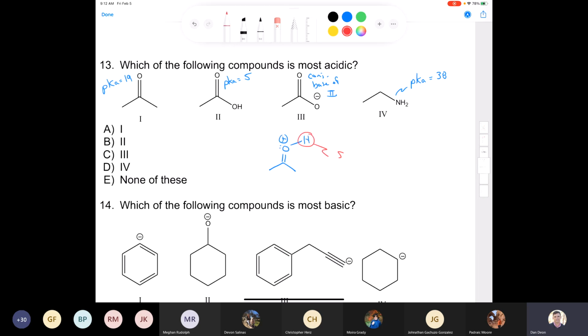This proton has a pKa of minus 1.7. Okay? When we're talking about the pK of this ketone, we're talking about this hydrogen here, right? That would be the acidic hydrogen there. Does that help? Yes, thank you. Oh, no problem. All right. Let's see here. So which one of these is the most acidic? So whichever one has the lowest pKa, there you go.